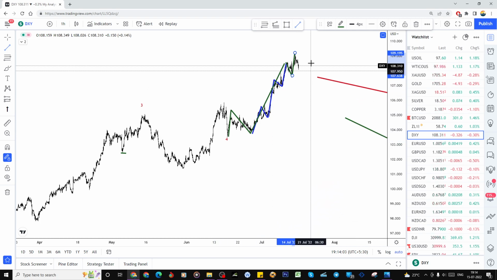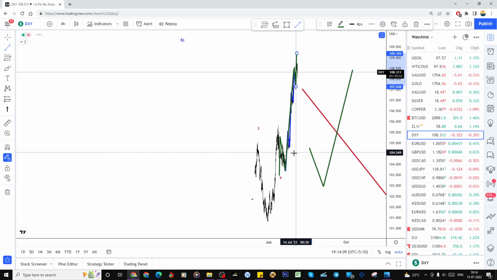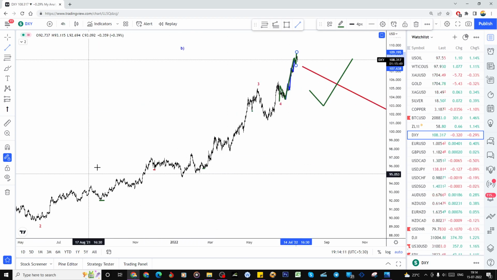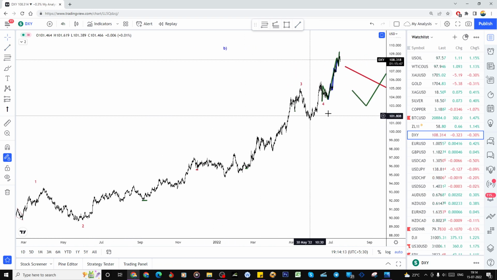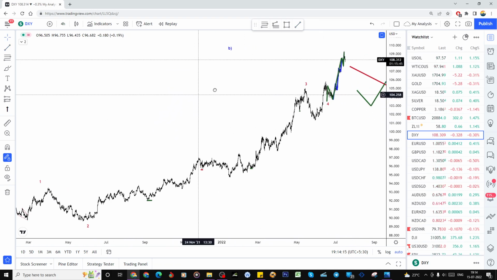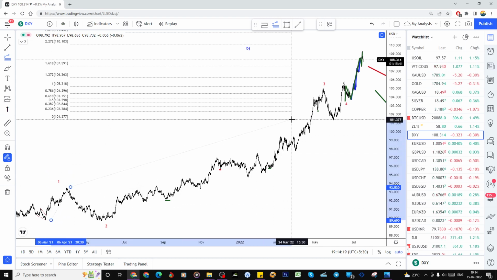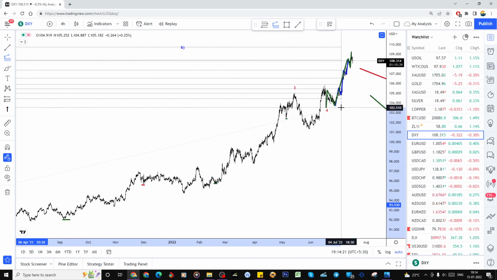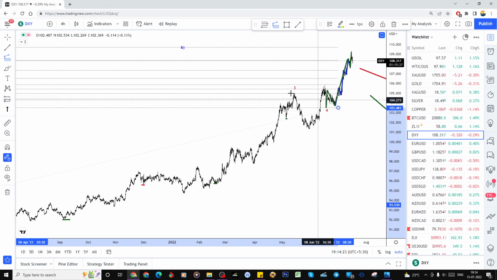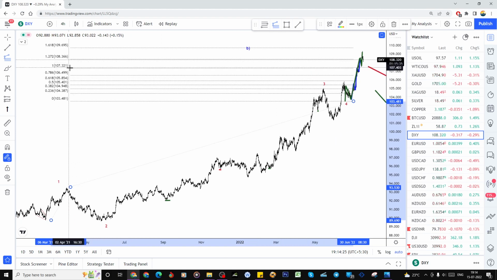So as per this, it's looking like the 5 wave structure is completed. That means in the bigger picture of the 4 hours, it is showing like it's completed. As per my wave count and my view, here is the 4th. If we keep here, it is above 100 and it has already reached the 1.272, nearly 1.618 also.